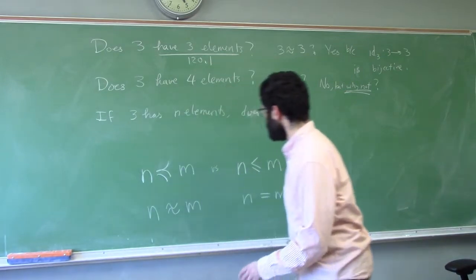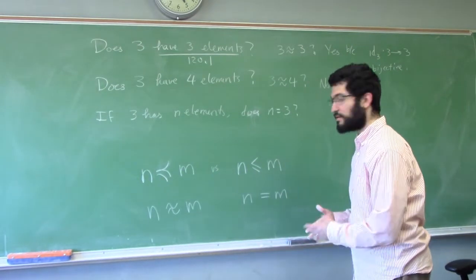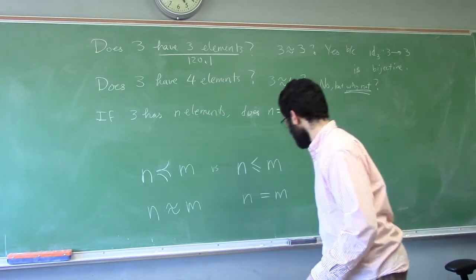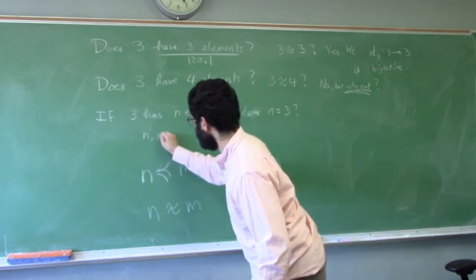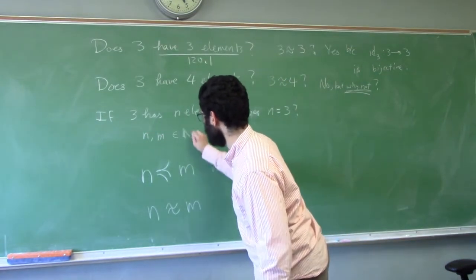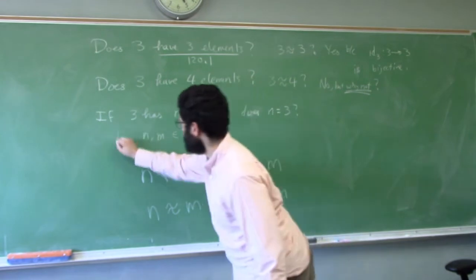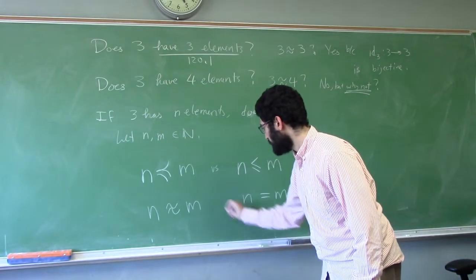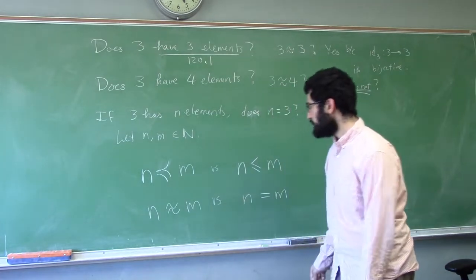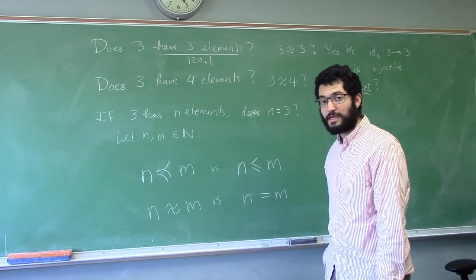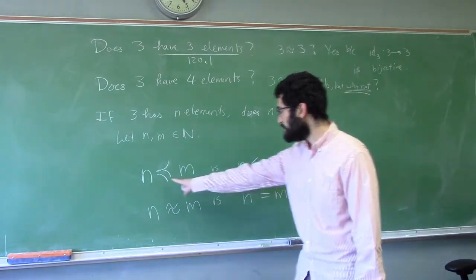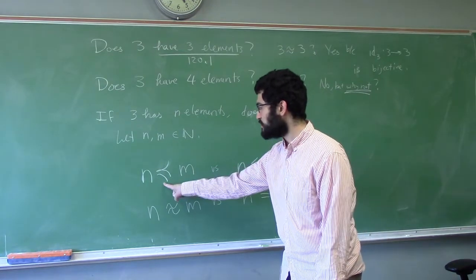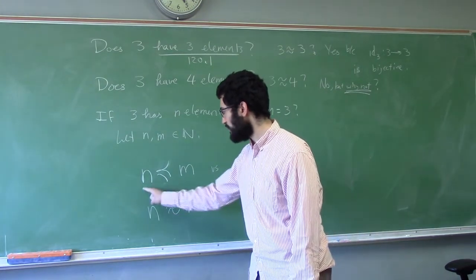Okay, so here's something that kind of gets at the heart of the matter, I think. Suppose n and m are 2 natural numbers. Then we have two kinds of things that look like a less than symbol. There's the curvy looking less than symbol, which stands for there exists an injection from n to m.